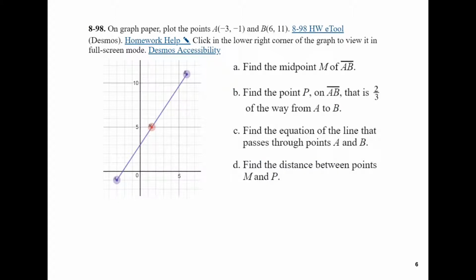8-98, on graph paper, plot the points A, which is at -3, -1, so you can see it's plotted here. B is at 6, 11. A says find the midpoint between A and B. So looking for the midpoint, you can see the midpoint is at 3, 5.